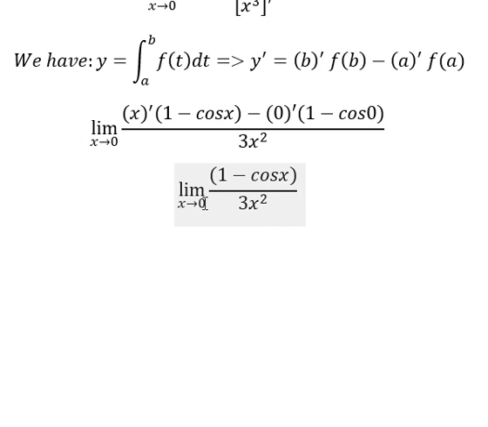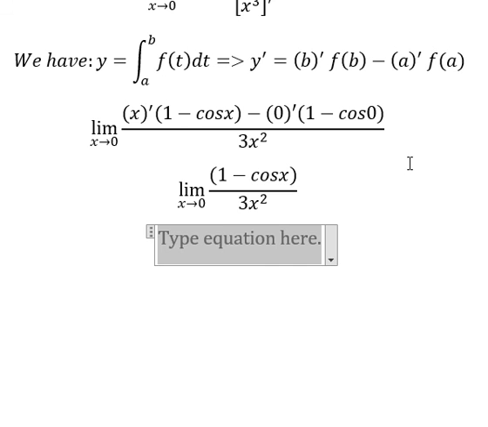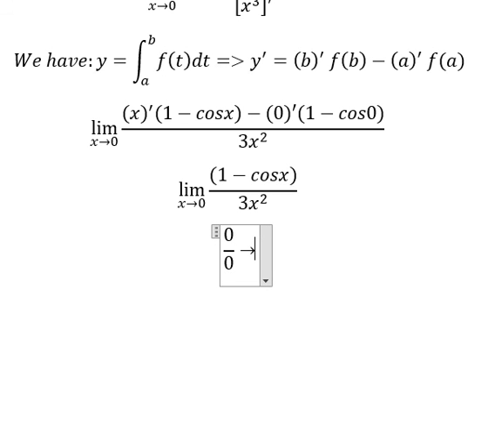Next, if we put 0 here and here, we have 1 minus 1. This one we have 0, so we have 0 over 0. Now we can use L'Hospital.